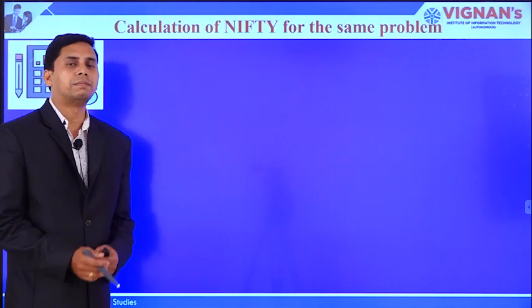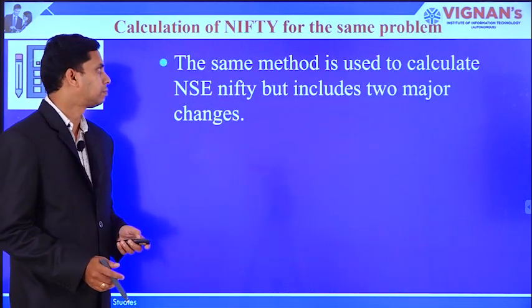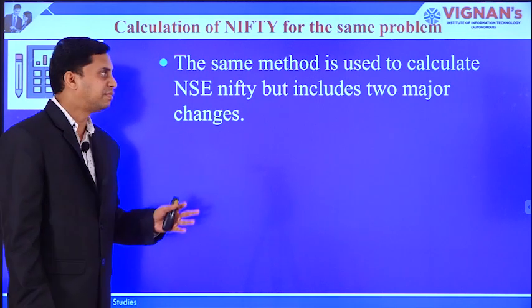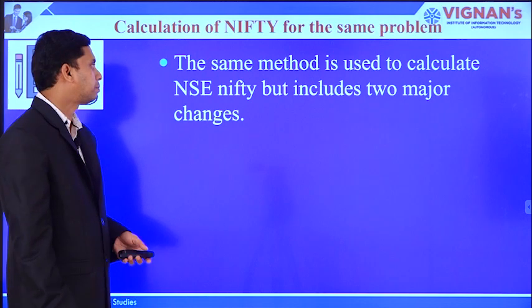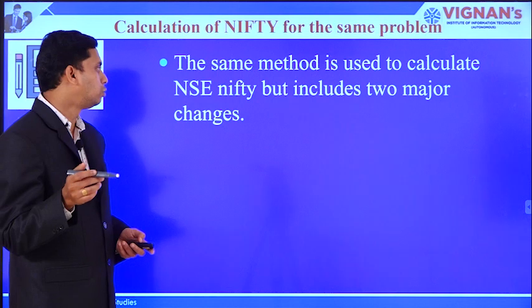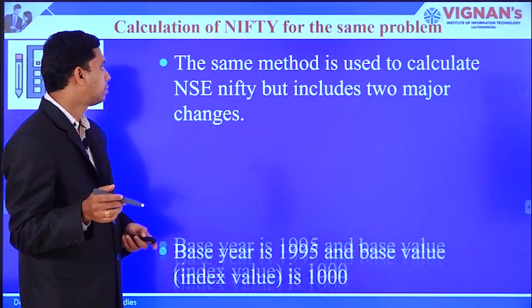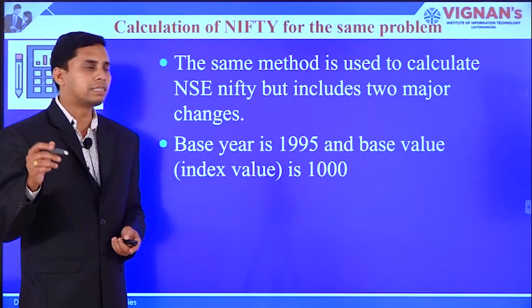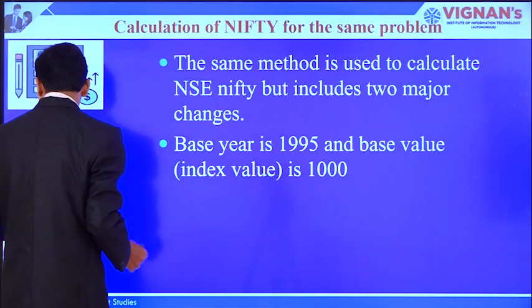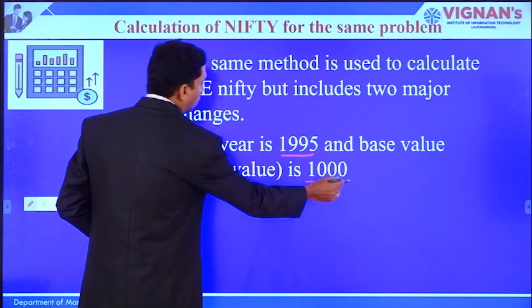Now, for the same problem, let us calculate the index value of Nifty. Of course, the same method is applied here also. So, the method is free float market capitalization, and here it includes two major changes, because the base year for Nifty is 1995 and base value is 1000.